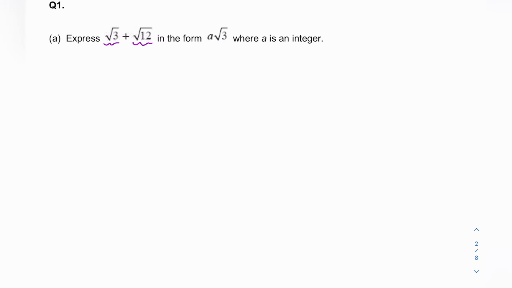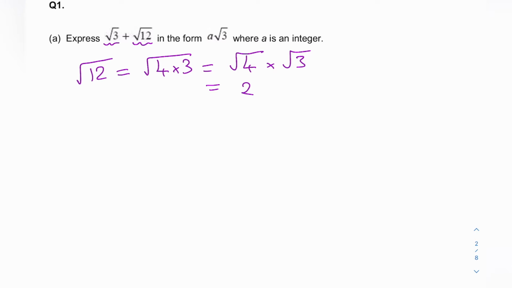Well, the first one's already root 3, so we can leave that alone. But we're going to look at root 12. Again, you want to pick out a square number which is a factor of 12. Well, I know 4 multiplied by 3 is 12. So then I can split up my surds and I can square root my square number, and I get 2 root 3.